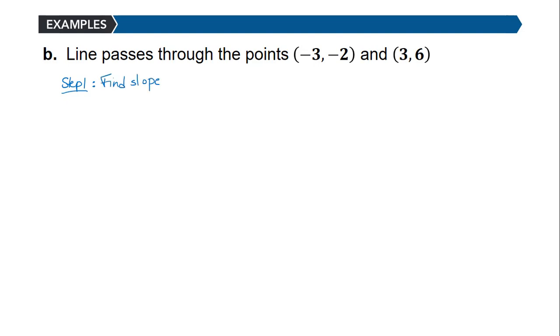formula. So we know that x sub 1, y sub 1 is our negative 3, negative 2, and x sub 2, y sub 2 is equal to 3, 6.